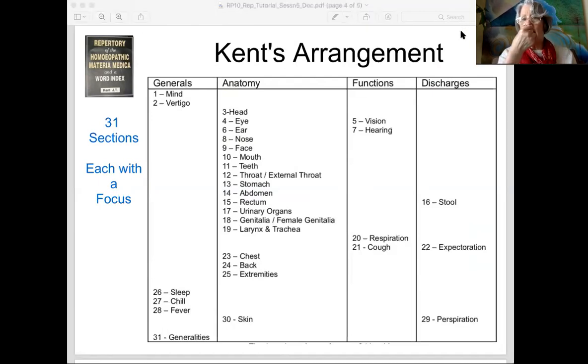Instead of falling out the nostrils, it is coming out of the posterior nares. So if you look under nose, discharge, let's say discharge yellow, posterior nares from.